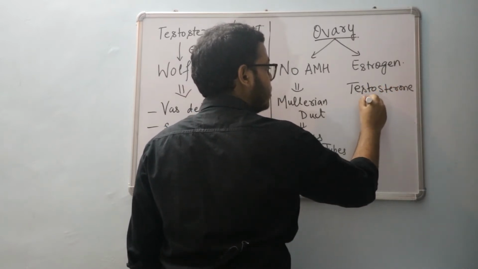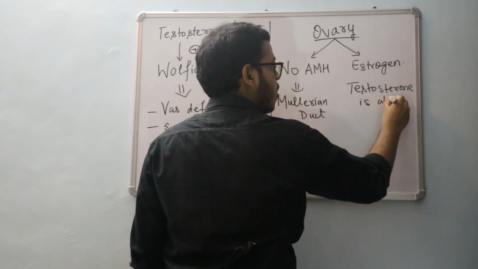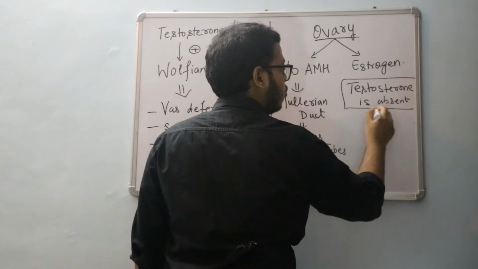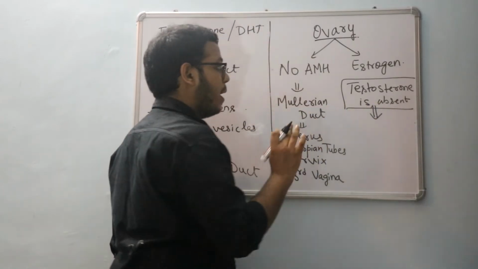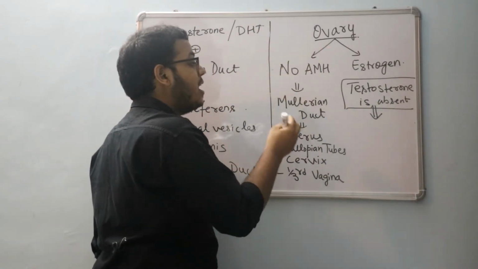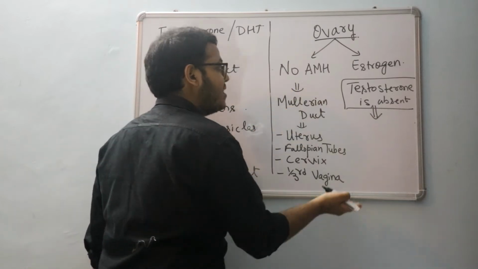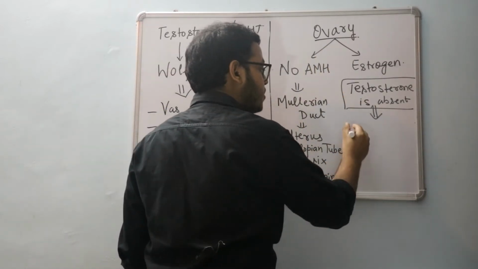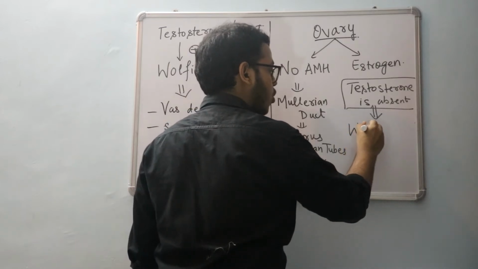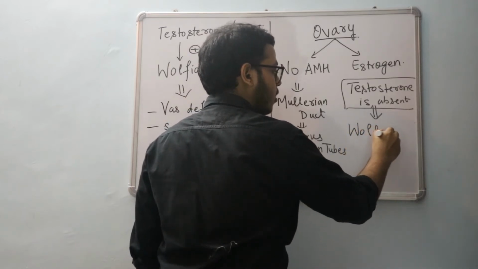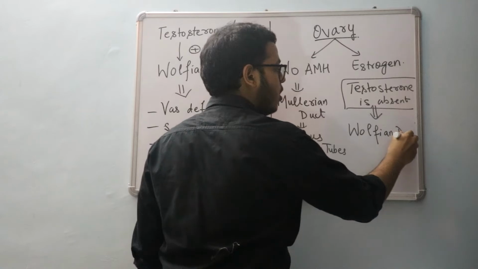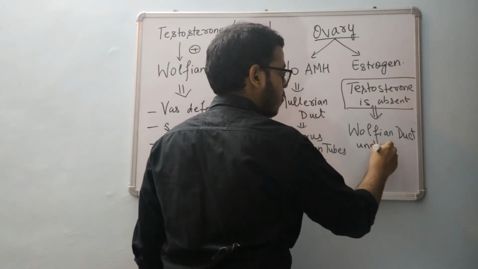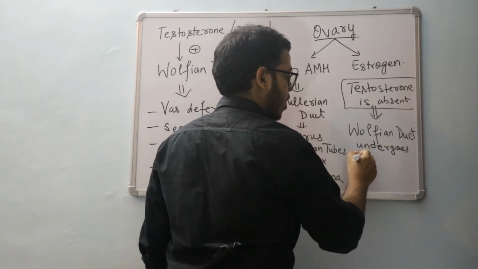Because we don't have testes in the females, testosterone will be absent, and in absence of testosterone, the Wolffian duct undergoes involution.